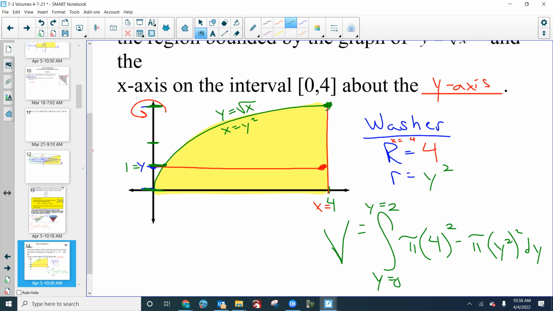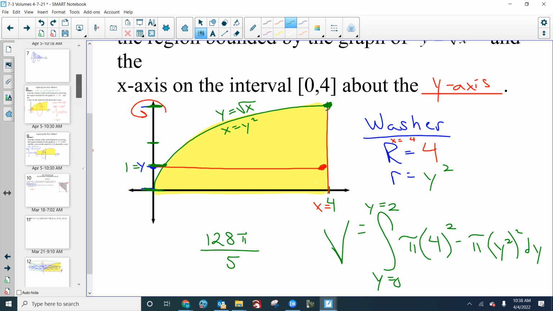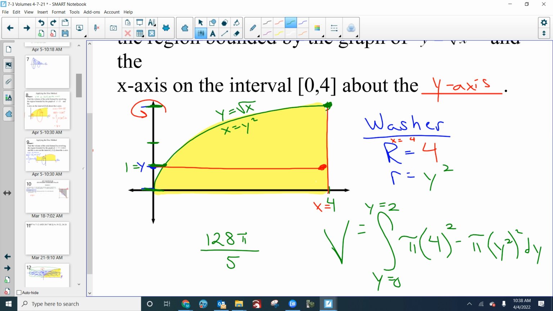Now accepting answers. 128 pi over 5. Anybody confirm? Thank you. 128 pi over 5. Just out of curiosity, what was the volume when we spun this thing around the x-axis?